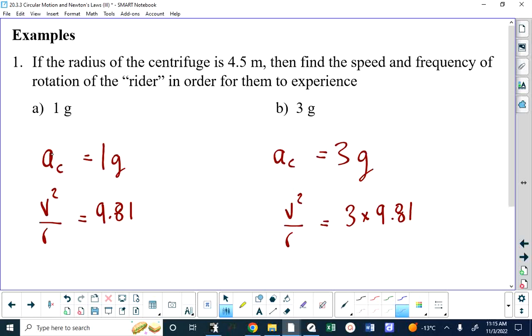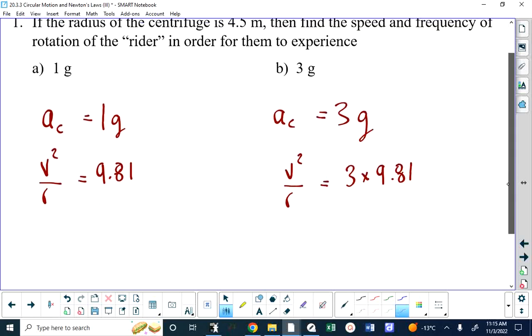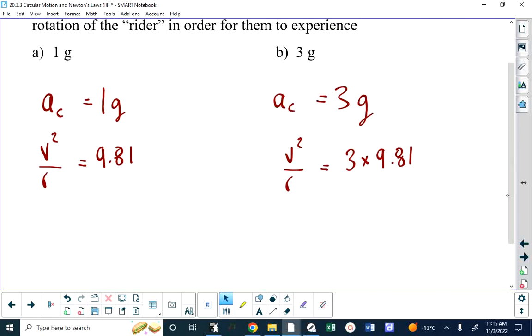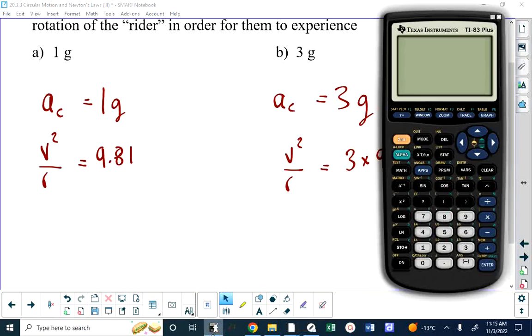Let's calculate v for 1 G. How fast is the edge of this centrifuge moving? Was it 4.5 meters, the radius? So I would have to take 9.81 times 4.5, and then I have to take the square root because I'm trying to find v.